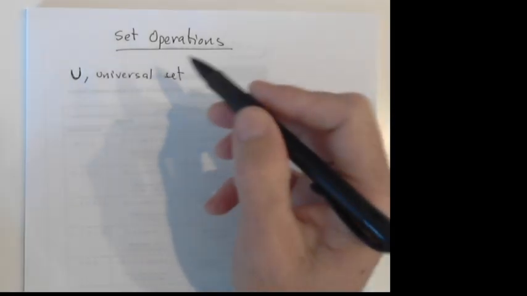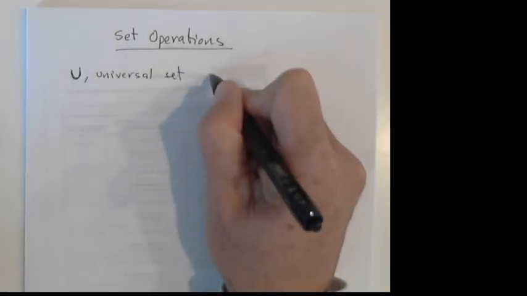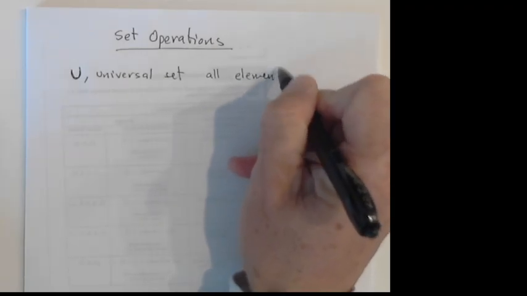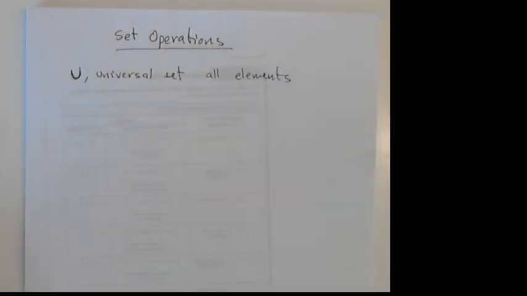But as a class note, we could write it like all elements. But if you read the textbook, they say relevant to the discussion, because my universal set could be all numbers from 1 to 10 in problem 1, and my universal set could be all numbers from 1 to 100 in problem 2, for example.